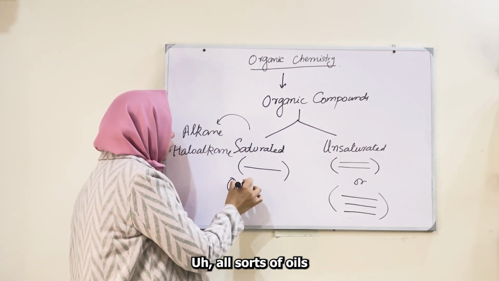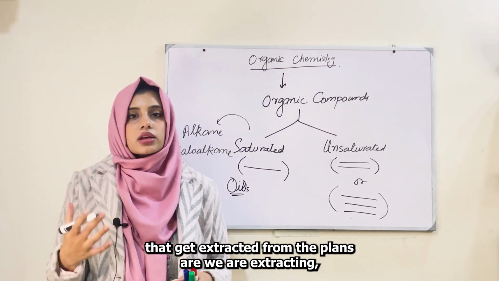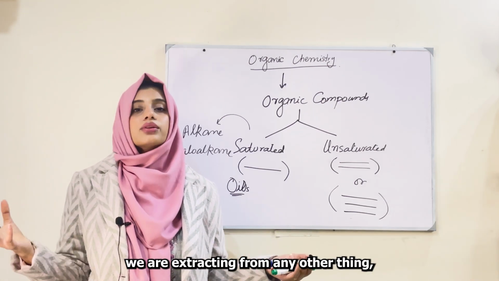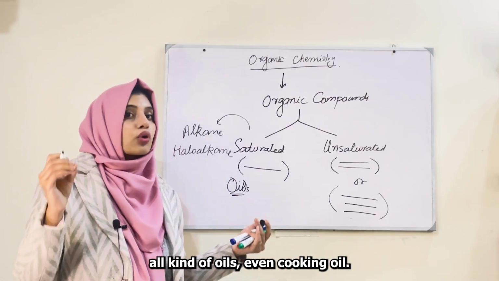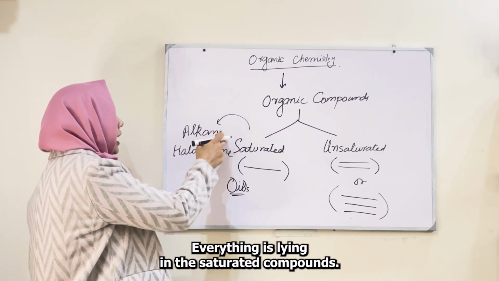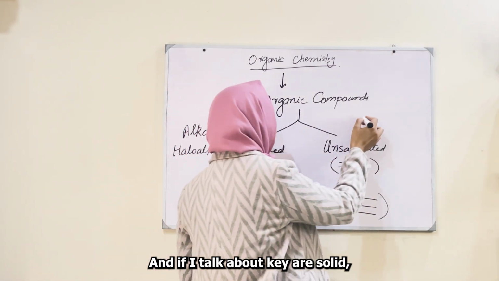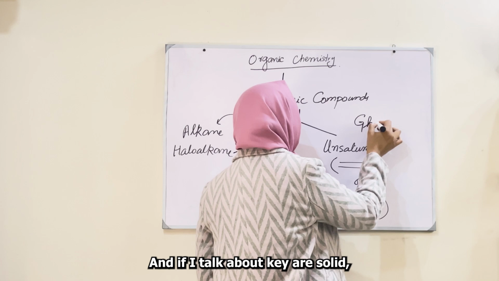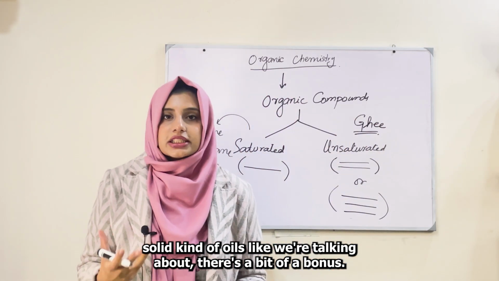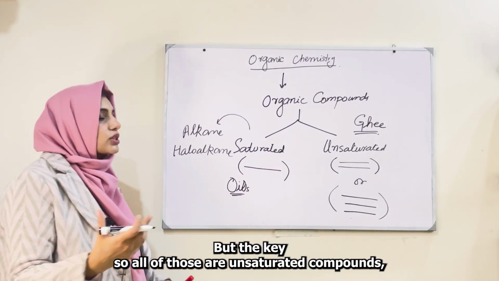For example, all sorts of oils that we are extracting from the plants, or from any other thing, all kinds of oils, even cooking oil, everything is lying in the saturated compounds. And if I talk about ghee or solid kinds of oils, like desi ghee or banaspati ghee, all of those are unsaturated compounds.